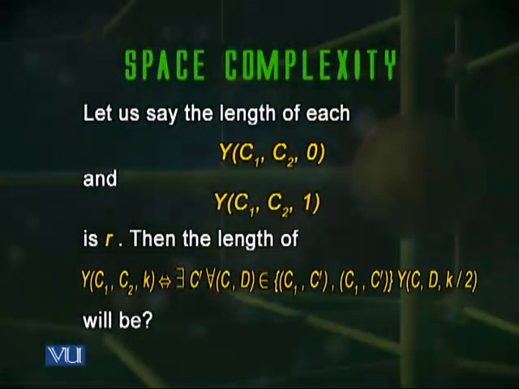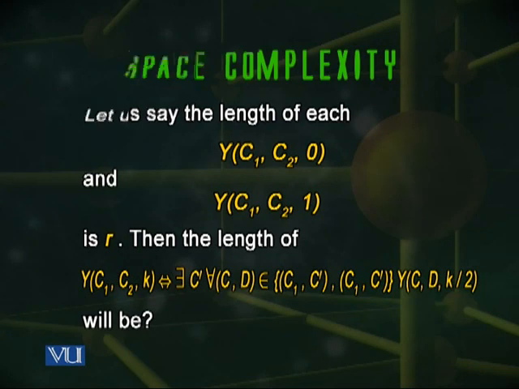In this case, once again, we just assume for simplicity first that the length of y c1, c2, 0 and the length of y c1, c2, 1 is r. Then what would be the length of this new formula that we have written?